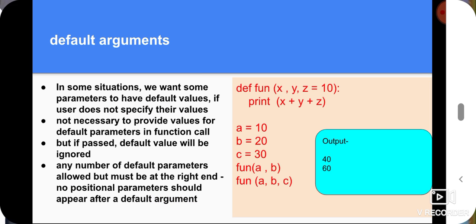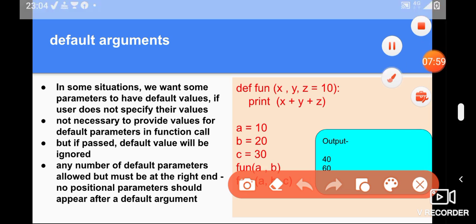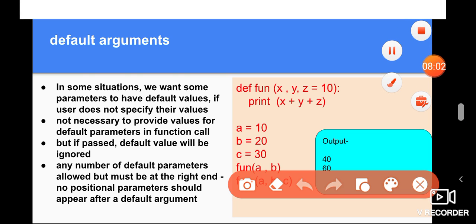Now we look at something known as default arguments. See, there are situations in programming in which we don't want to always specify certain arguments because they have the same value repeatedly for many function calls.